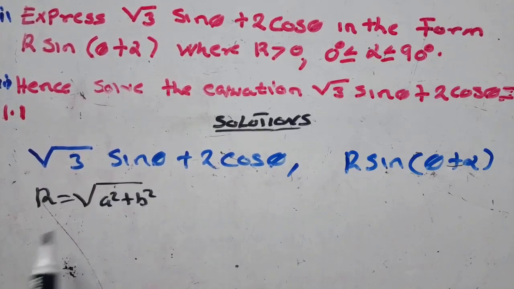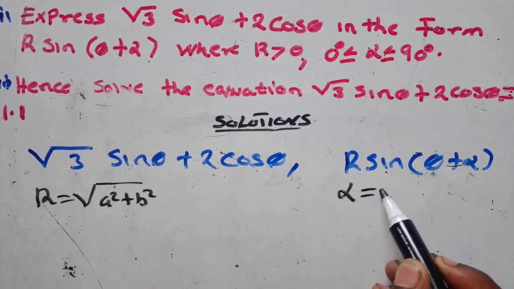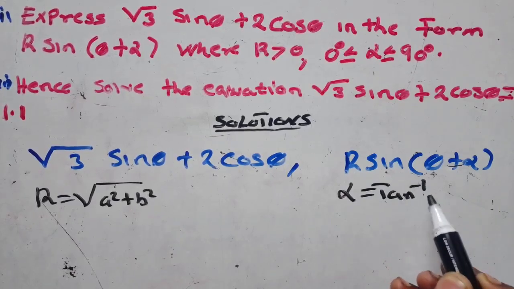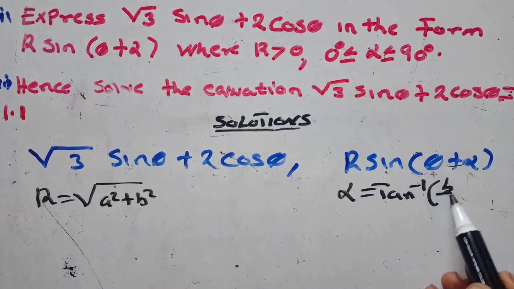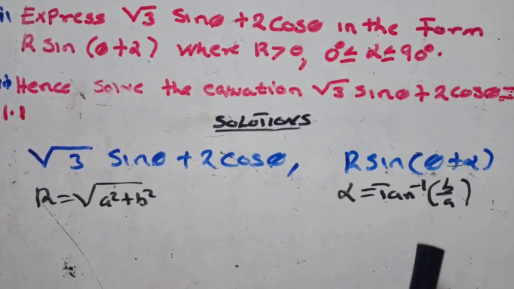This is the formula we use to find our r. You also know that our acute is given by the formula tan inverse of b over a. So these are the two formulas that are important on the r formula.